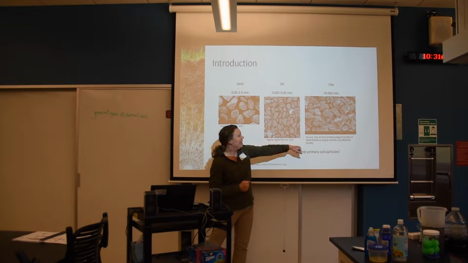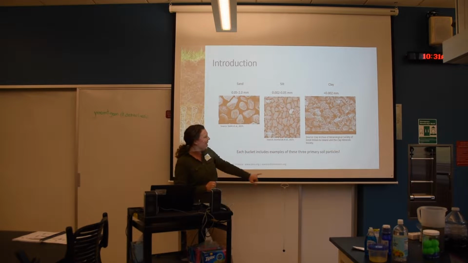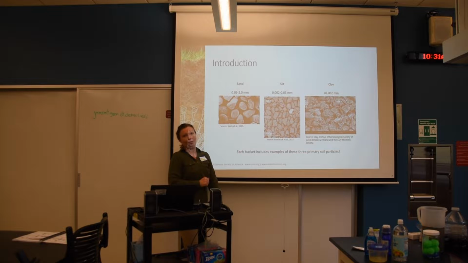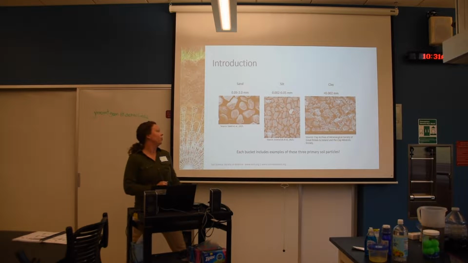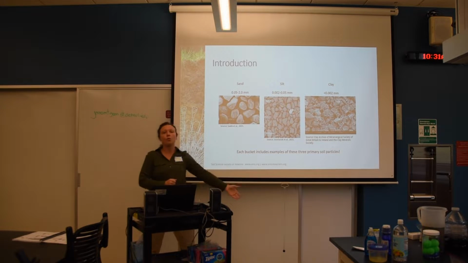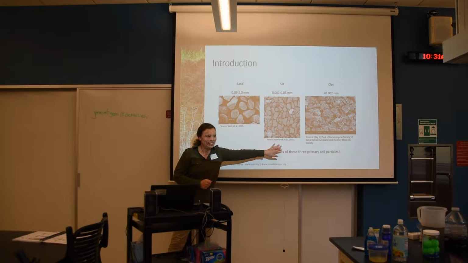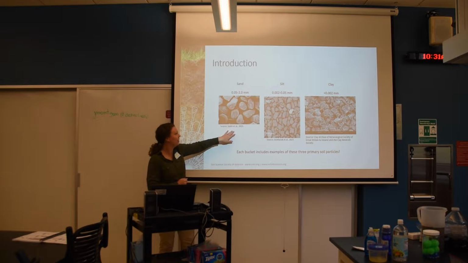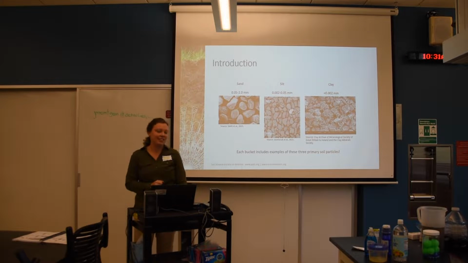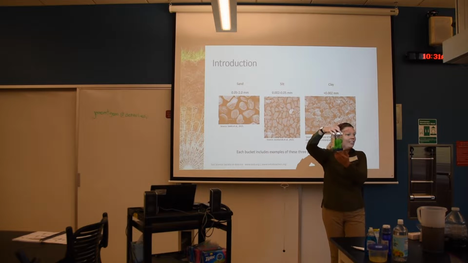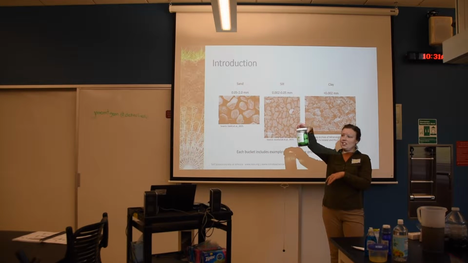And then finally we get down to the clay, and you probably can't even see it, but this scale bar right here is quite small, and that's 10 micrometers. So these clay particles are several orders of magnitude smaller than the silt, and the silt are significantly smaller than the sand. And again, this is what's demonstrated here in this little activity that you guys all got.